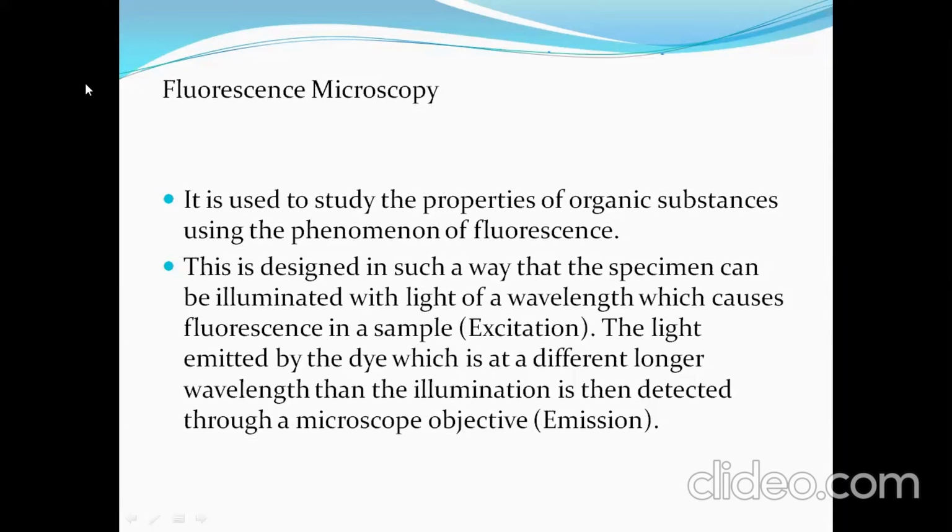So there are two different wavelengths of light. We use the incident light, which we call the excitation light, and we get light waves of a higher wavelength than the excitation wave. Am I clear?